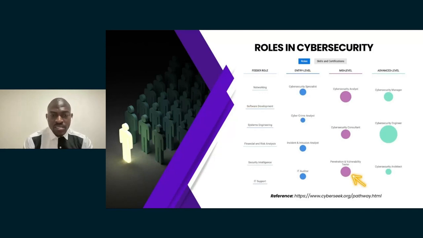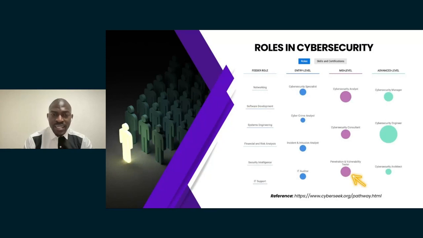And I believe that one of the roles that you can actually start from is vulnerability management. The reason I say that is because vulnerability management is very important to every organization. If they don't have a dedicated vulnerability management engineer, they will always have somebody running vulnerability assessment in their environment, looking after the vulnerability management process.